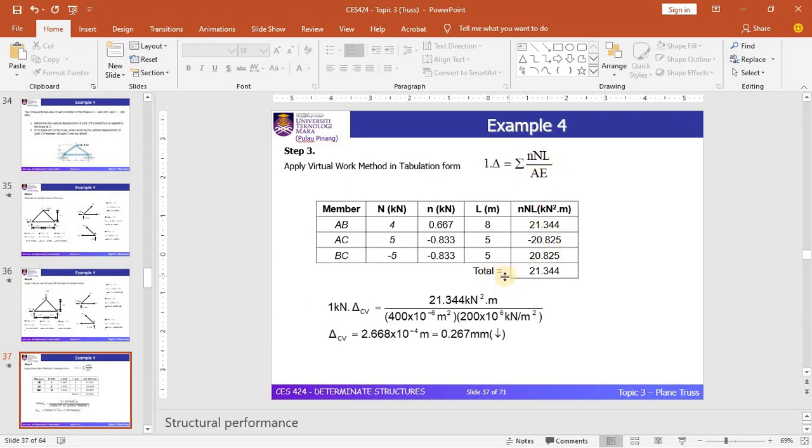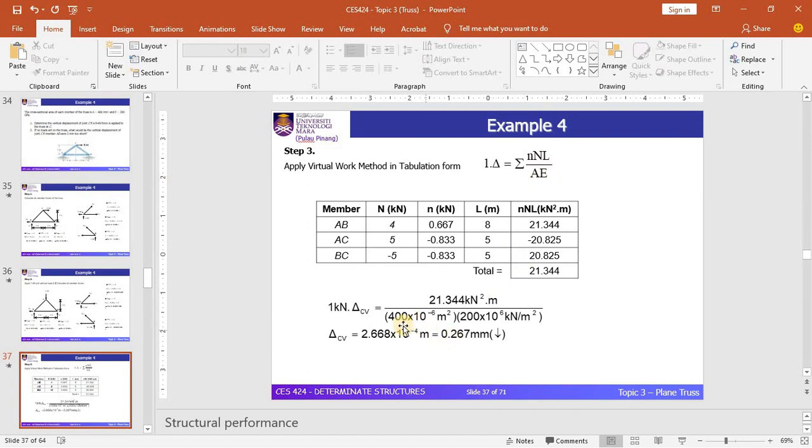You can sum up all the numerator parts, which in this case is equal to 21.344, and you can further calculate the vertical displacement by dividing this value by the axial rigidity of the truss system.